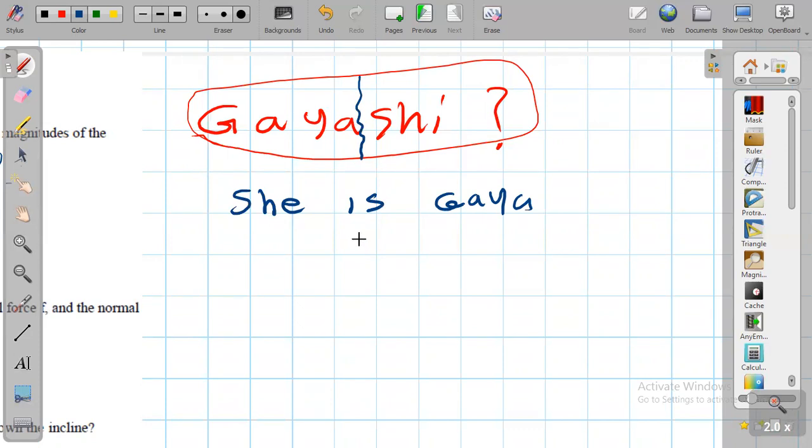What would it mean? Guys, tell me, if somebody is Kausi. Ah, yes, she is a cow. But fortunately, this one is Gayashi, then it just simplified like she is Gaya.